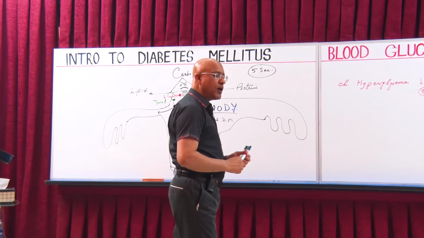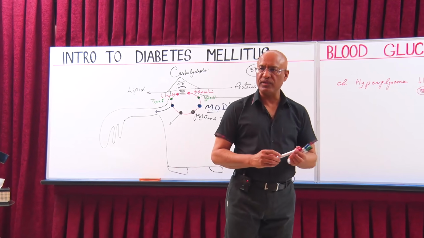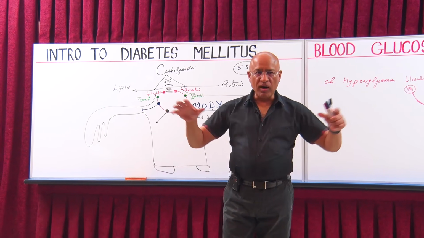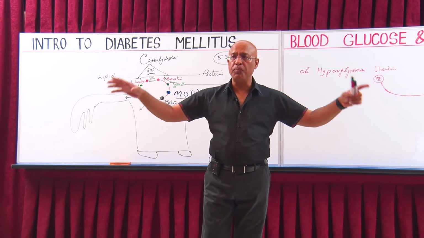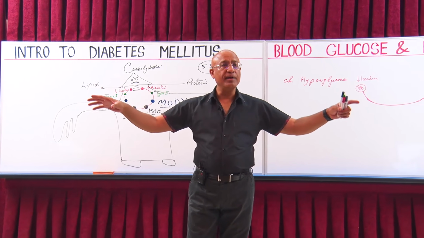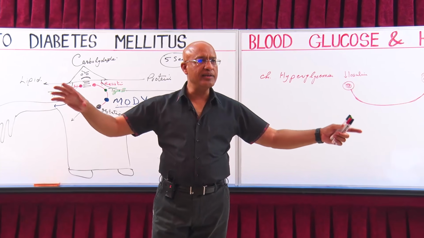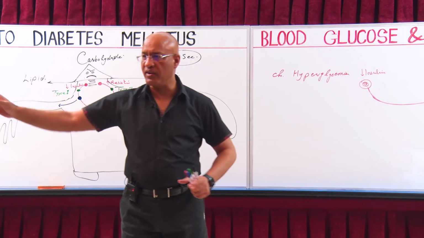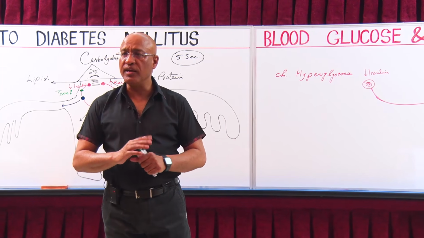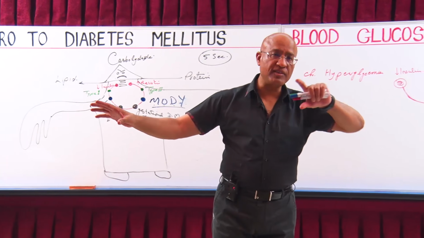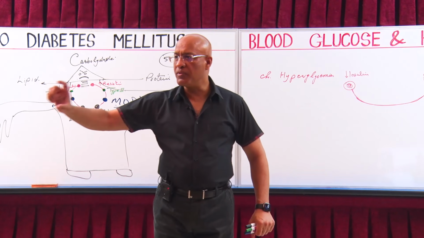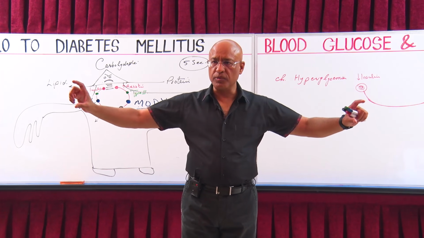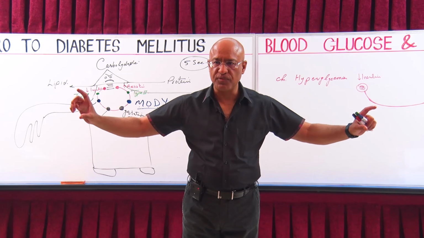So when we talk about diabetes damaging the vessels, the vascular disease or angiopathy which occurs in the diabetic patient, we divide into two types: big vessel disease and small vessel disease. Why do we say big vessel disease as a separate group, small vessel disease as a separate group? Why do we differentiate? Because underlying mechanisms are different.